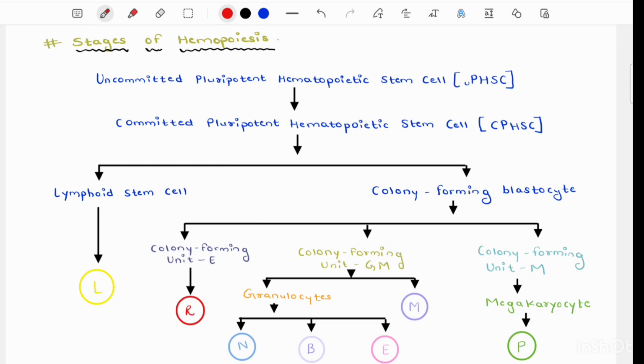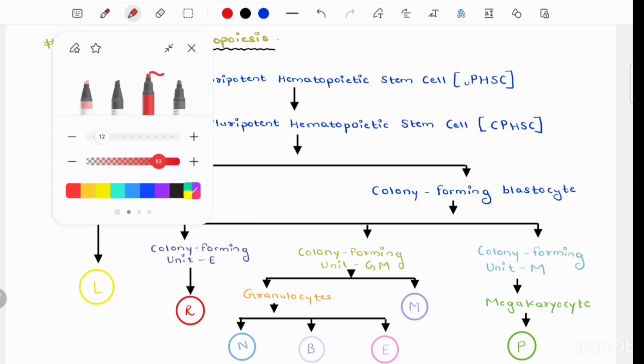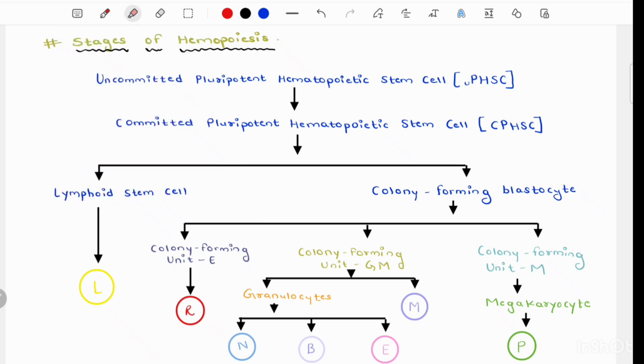So your committed pluripotent hematopoietic stem cell are of two types. The first is lymphoid stem cell and the second is colony forming blastocyte. Lymphoid stem cell will give rise to lymphocytes and natural killer cells. Here you can see it.